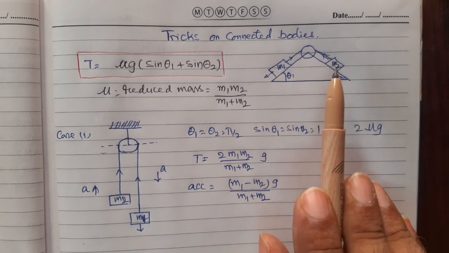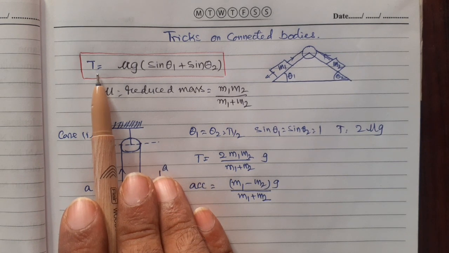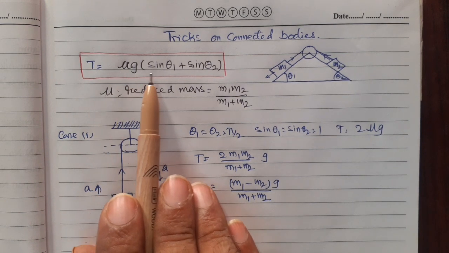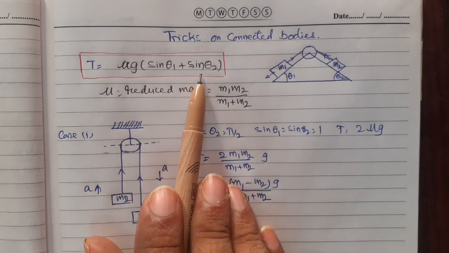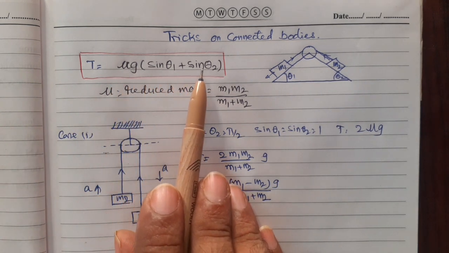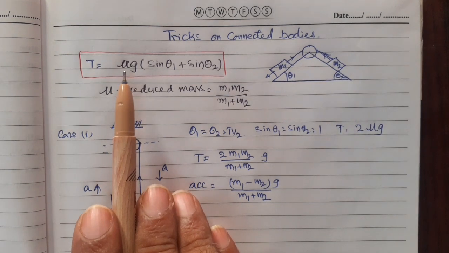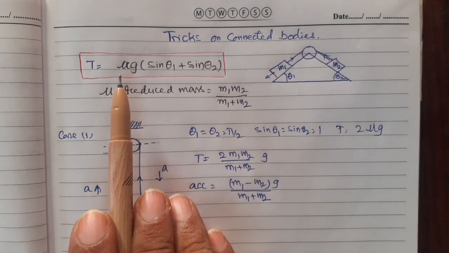The tension in the string can be calculated using the equation T is equal to mu G into sine theta 1 plus sine theta 2. Here mu is not the coefficient of friction.